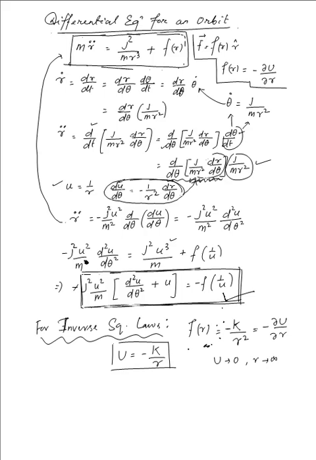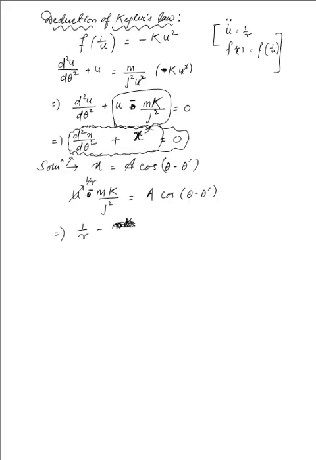This is minus of f of 1 by u in the previous page. So taking that into account, this will be in positive value. So that minus that I have indicated over there, that won't be there. So this is 1 by r, and mk divided by j squared is equal to a cos of theta minus theta dash.